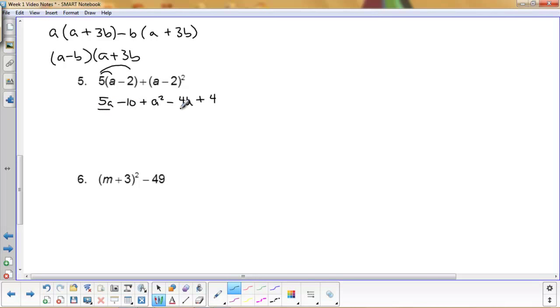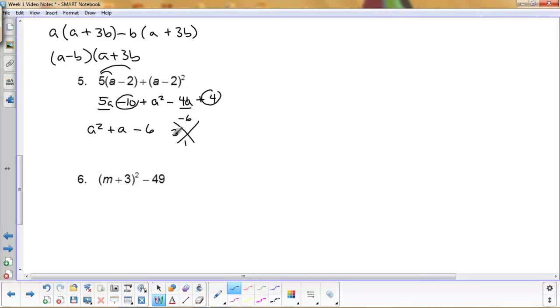I'll underline my a's and circle my numbers. And that gives me a squared plus a minus 6. And then from there, I can go ahead and factor that. I'll use my little x here, and that's going to be negative 6 and positive 1.